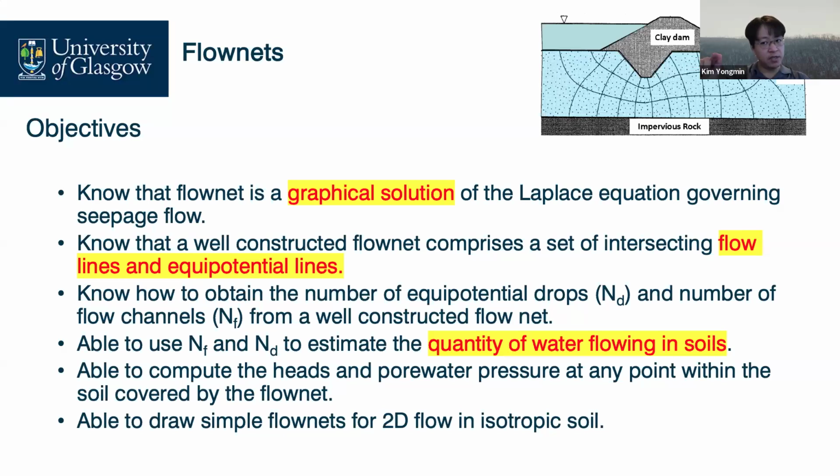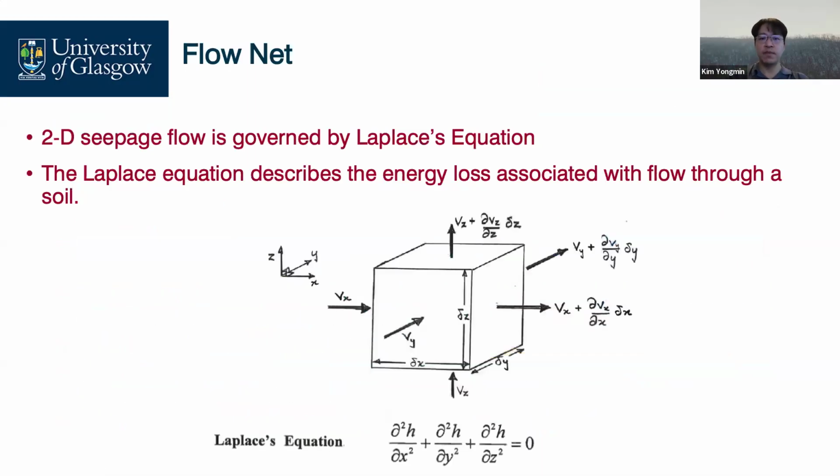There should be some k, soil permeability. There should be i, hydraulic gradient. There should be A. But at the moment, we don't know this flow rate. But when you construct this kind of net, you will be able to know. How do you know? Stay tuned.